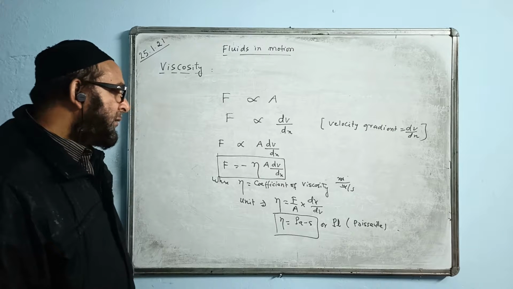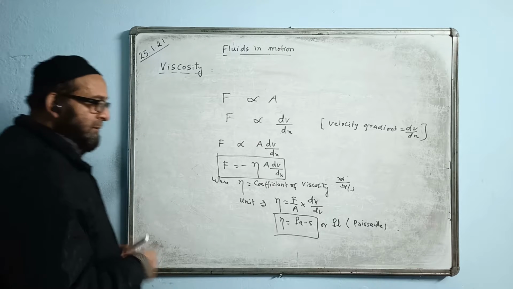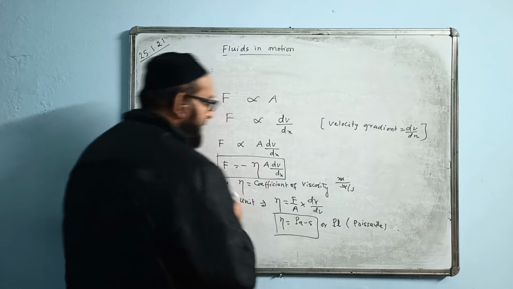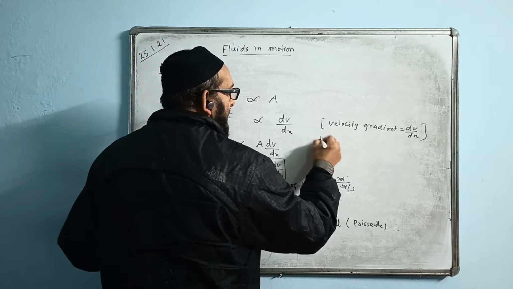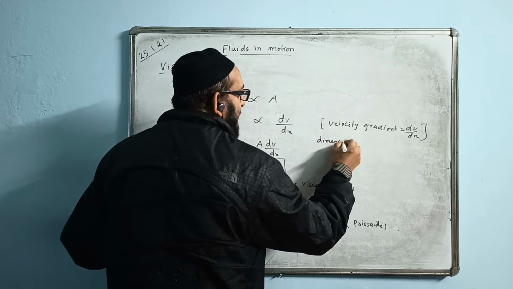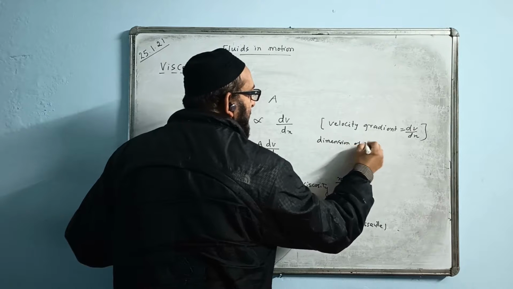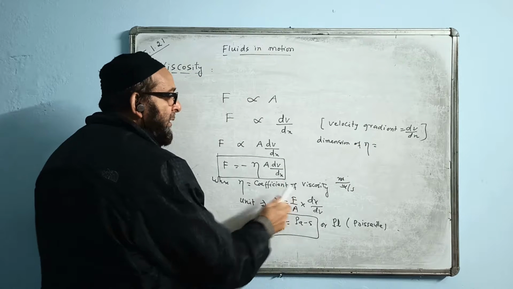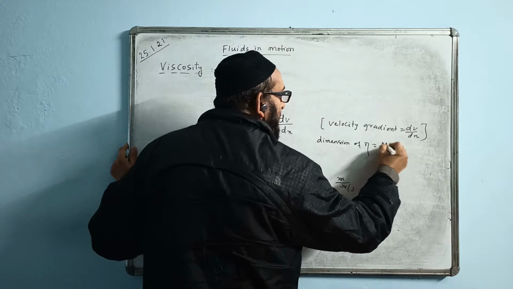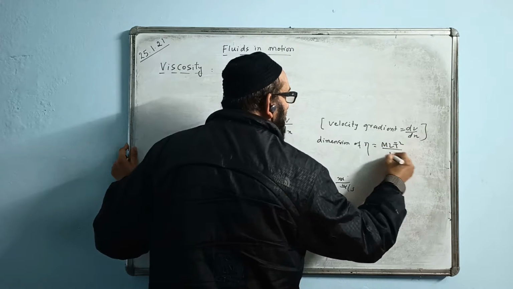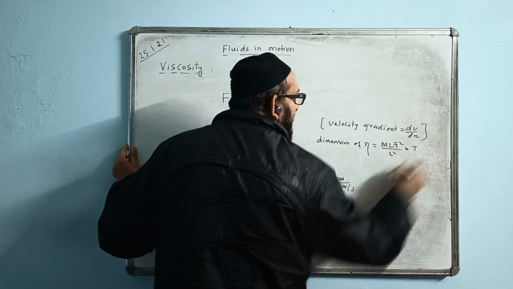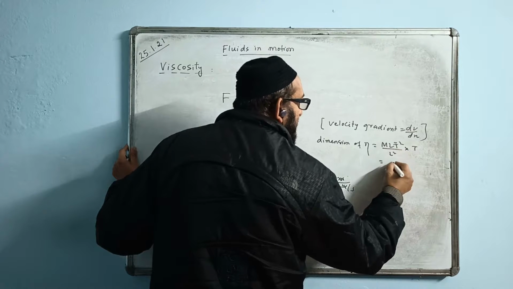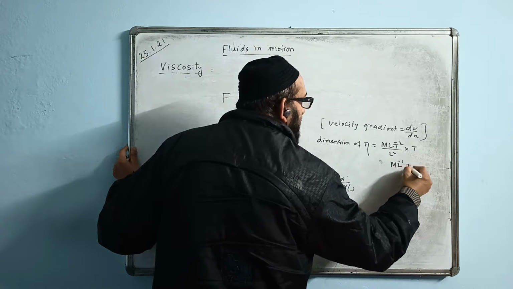Now we can find the dimension of eta. Pascal means pressure, force by area. The dimension of force is M L T to the minus 2, and area is L square. Let us arrange it. The answer will come as M L to the minus 1 T to the minus 1.